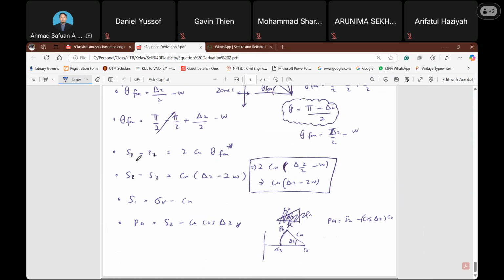This is S2 minus S1 equal to 2Cu theta fan. Then the value of the theta fan should be included in this value.